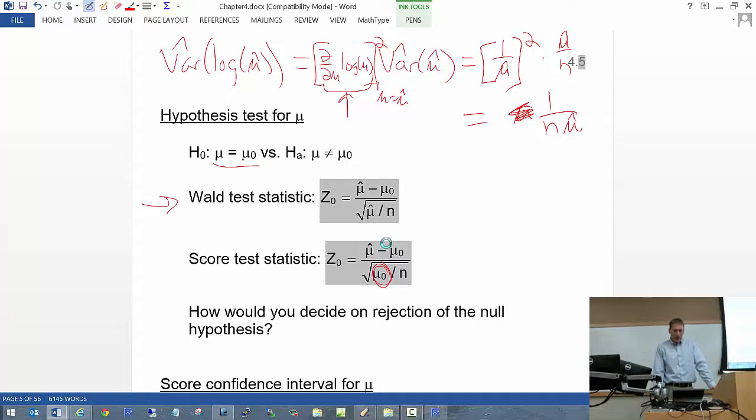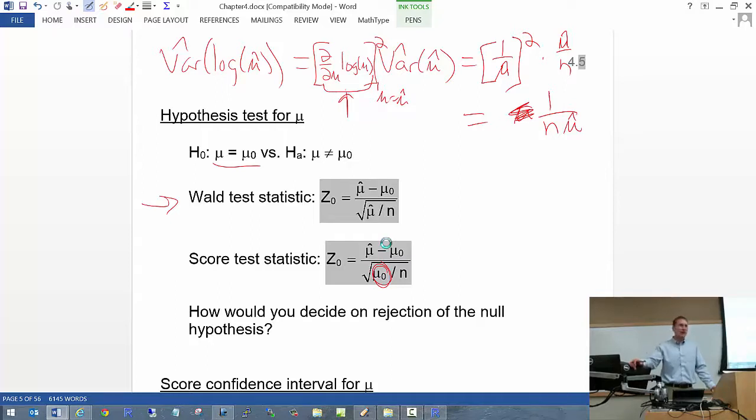So how do you think you would decide on rejection of the null hypothesis? When z is greater than 1.96. If z0 is greater than 1.96, reject. How about the other direction?